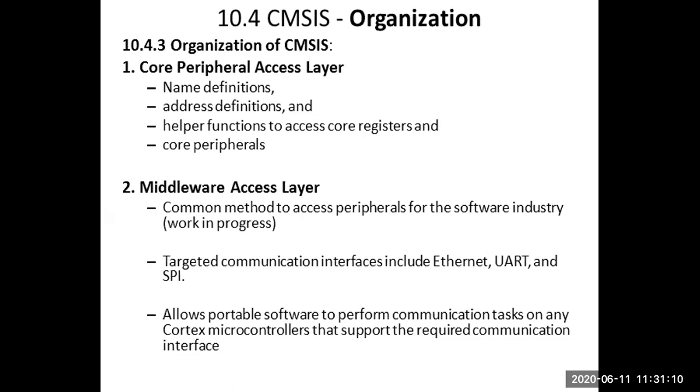So name definitions are there, address definitions are there, and helper functions to access core registers and core peripherals. Peripherals means other input and output ports, or other interfaces, like serial interfaces connecting to parallel ports, serial ports. Those things.